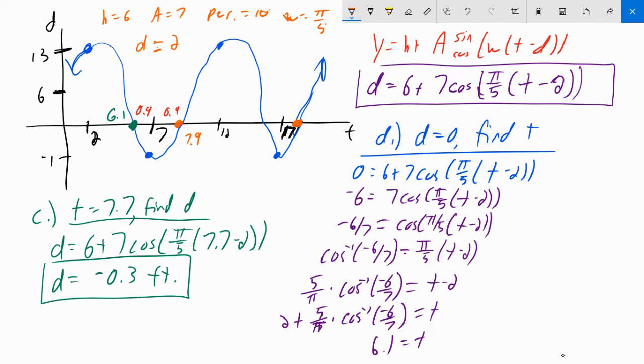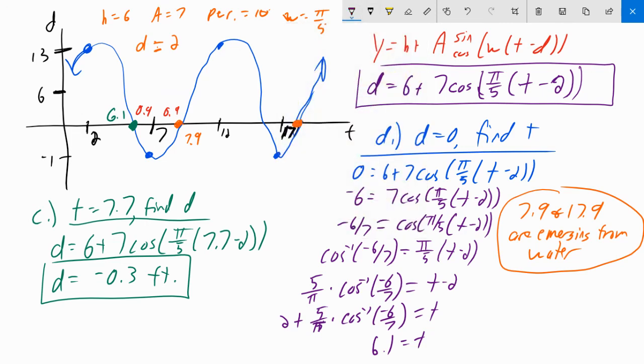So 7.9 plus 10 seconds gets you to 17.9. So we'll say 7.9 and 17.9 are the first two times we emerge from the water. And that's 7.9 and 17.9 seconds.